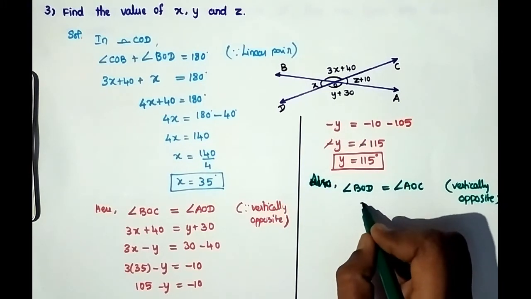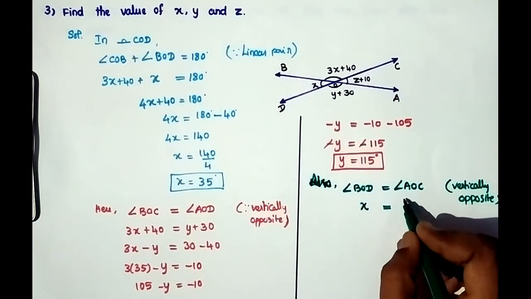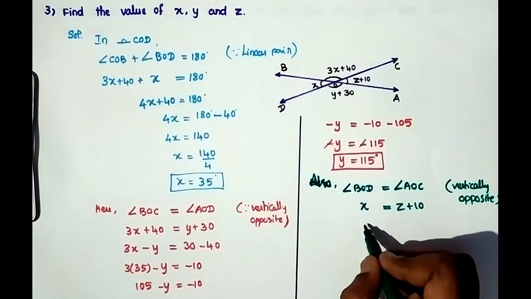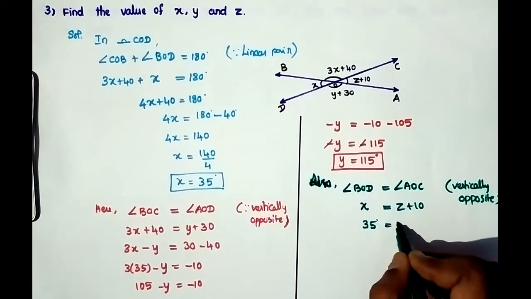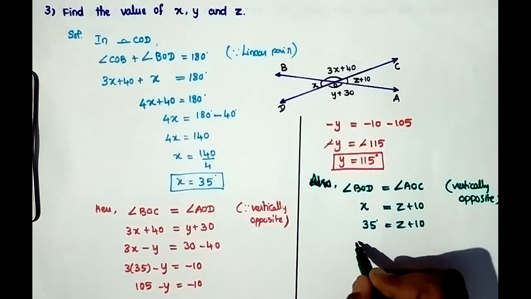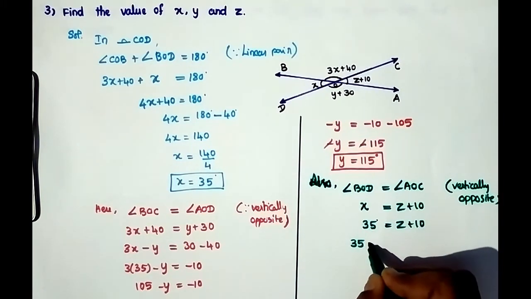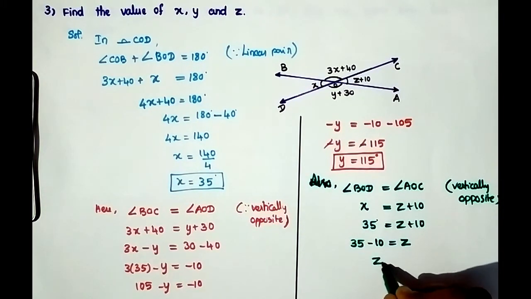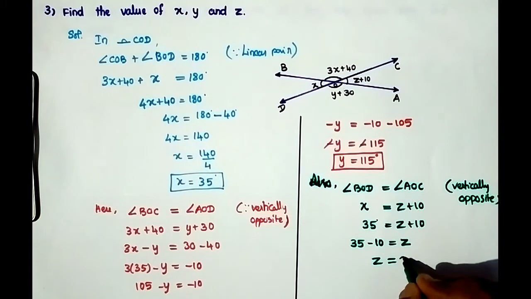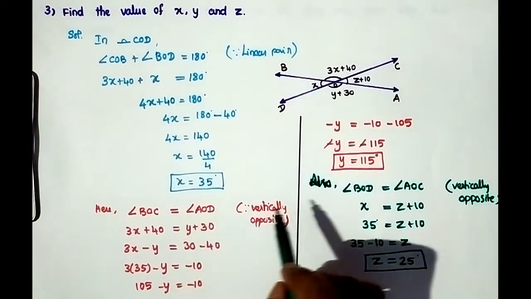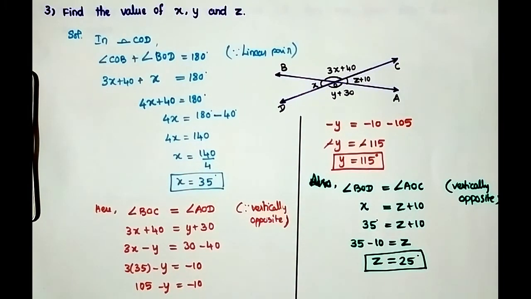BOD is x and AOC is z plus 10. X value 35 degree, so z plus 10. Here 35, bring this side 10 means minus 10, so equal to z. So z equal to 35 minus 10, 25 degree. So the value of z is 25 degree, x is 35 and y is 115 degree. That is the answer.